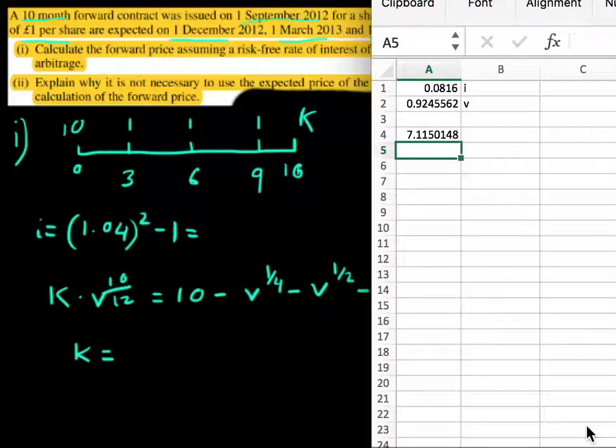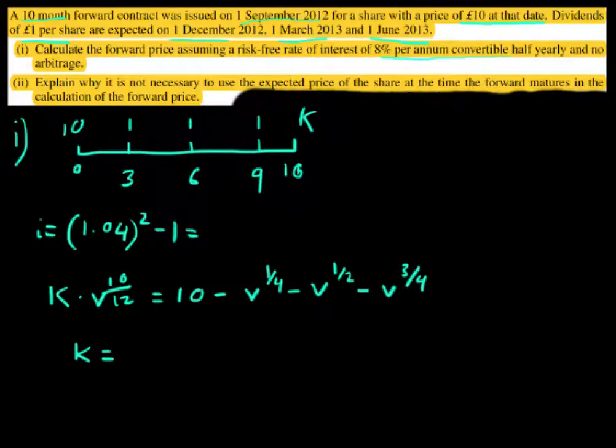That's the present value of the forward amount, so let's put that in future terms. It's that times 1 plus the interest rate, to the power of 10 out of 12. This gives us our answer of 7.595, so £7.60. Let's write that down: £7.60.